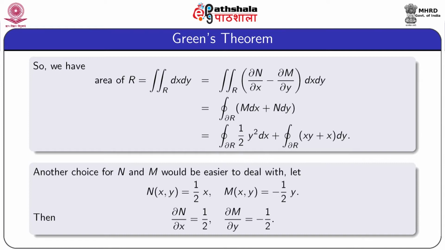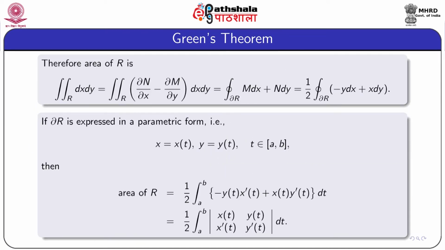Another choice for N and M would be easier to deal with. If we take N(x,y) identically half x and M(x,y) identically half y with a negative sign. In this case, we find that the area of R is double integral over R dx dy is equal to half integral over delta R of minus y dx plus x dy.